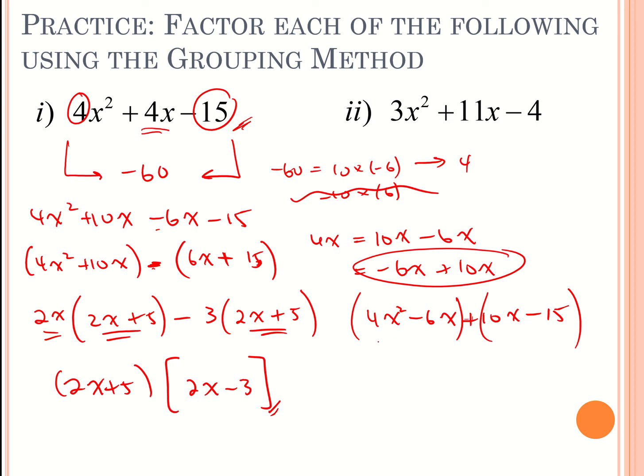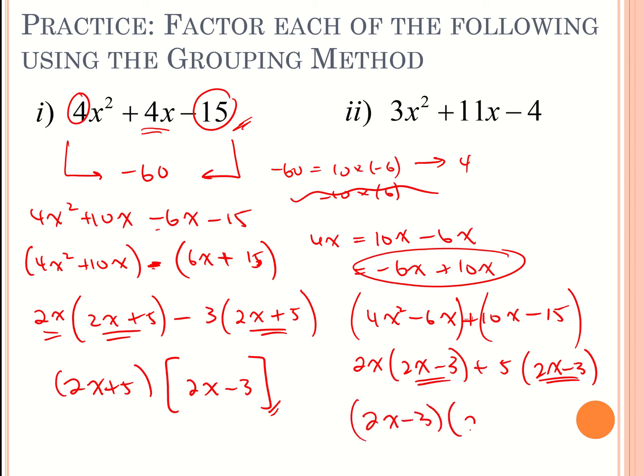So this again becomes 2x minus 3 plus 5, and then you get 2x minus 3. So again, the two groups are the same, so 2x minus 3, and then you end up with 2x plus 5 left over. Again, you see how 2x minus 3, 2x minus 3, 2x plus 5 times 2x plus 5. Okay, here we go.